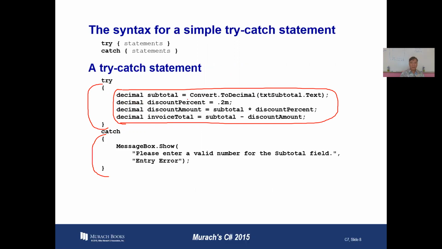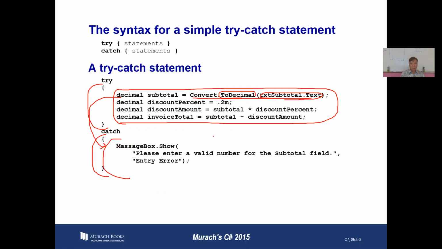So for example, right here, if we try to convert something that they typed in, and it ends up not being able to be converted to a decimal, then that throws an exception. And so it jumps right down to this catch part, and this catch part will then execute.